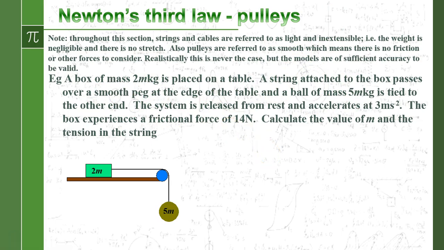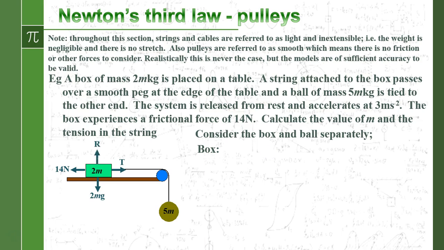And now we need to have a look at what forces we've got going on within those two objects. So let's have a look at what's going on with the box first of all. For the box, we've got tension going in that direction, so that's tension in the string. We've also got a 14 newton frictional force going there, and for the sake of completeness, I've got my weight and reaction force.